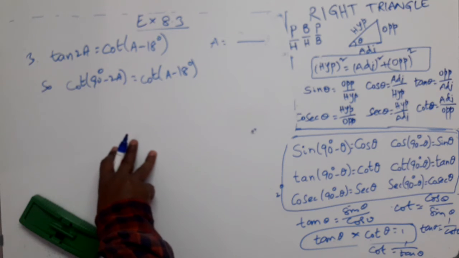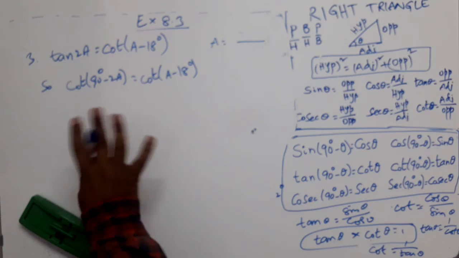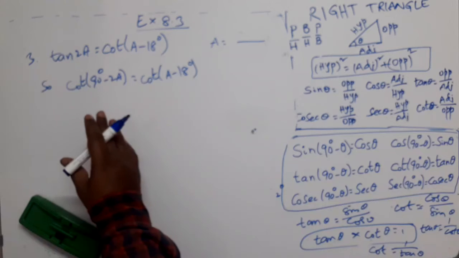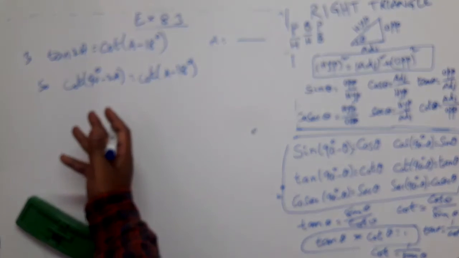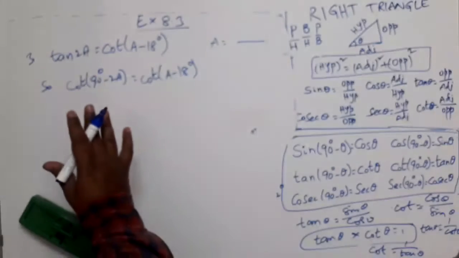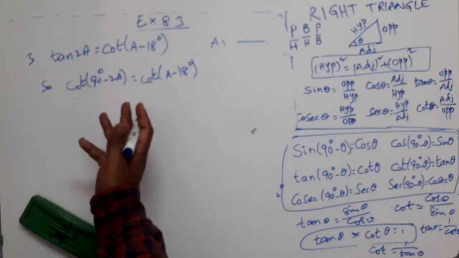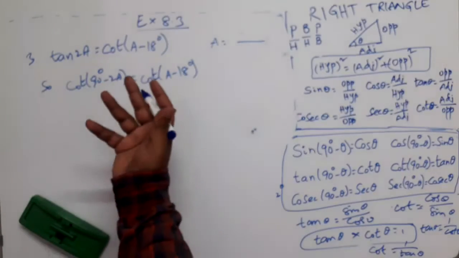In the examples before that exercise, we had sin A equal to sin B, show that angle A is equal to angle B. In the same way, if A and B are acute and sin A is equal to sin B, we can say A is equal to B. In the same way, if cos A is equal to cos B, A is equal to B. If tan A is equal to tan B, A is equal to B. If cot A is equal to cot B, A is equal to B, if the angles are acute.